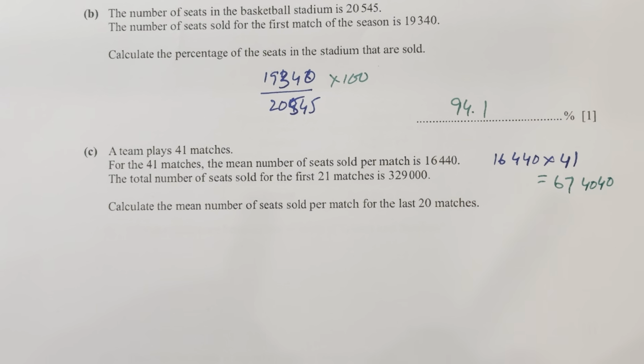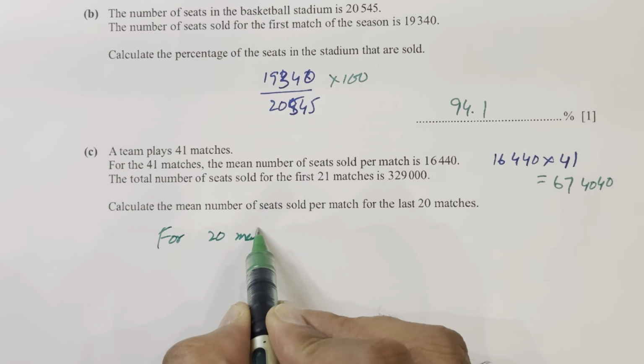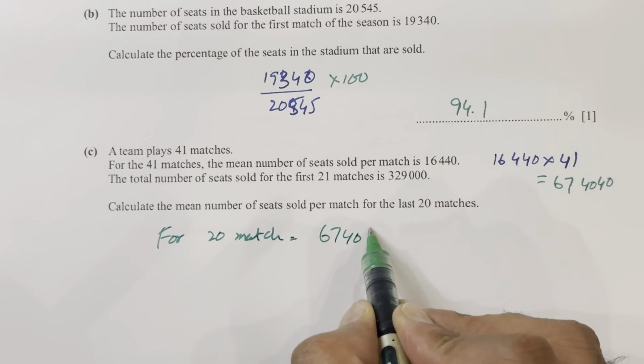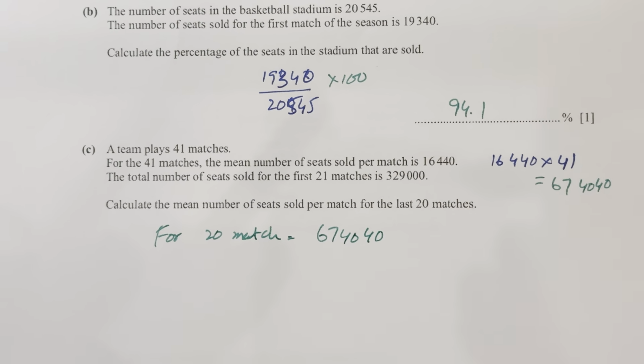And we have been given the total for the 21 matches, so we subtract 329,000.